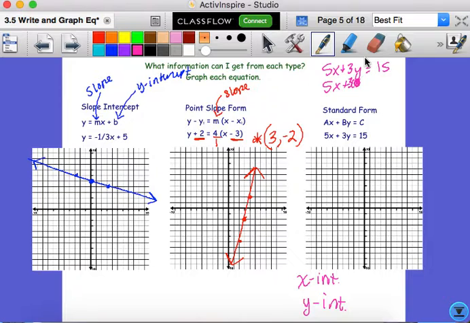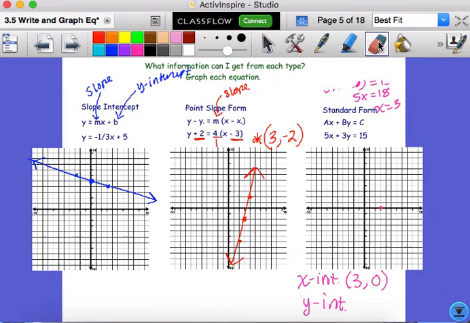So 3 times 0. I'm going to end up with 5x equals 15, which means that x is 3. So my x-intercept is at 3, 0, meaning when the y value is 0, the x value is 3. So I can plot that on my graph.